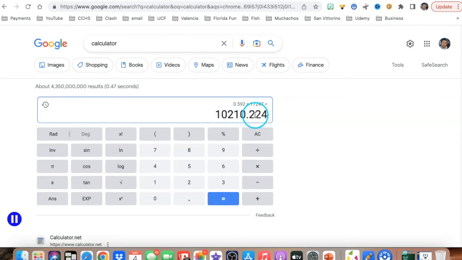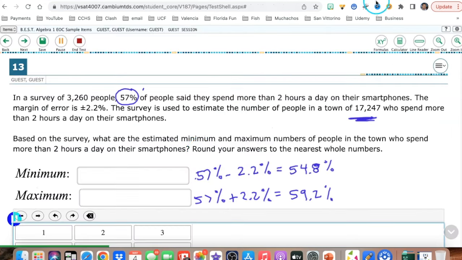Can I have 0.2 people? No. So because we're talking about people, we need to round to a whole number. Can we round down? Not really, because we're talking about people. So this will be 10,212. Okay, so let's go here and type those values.